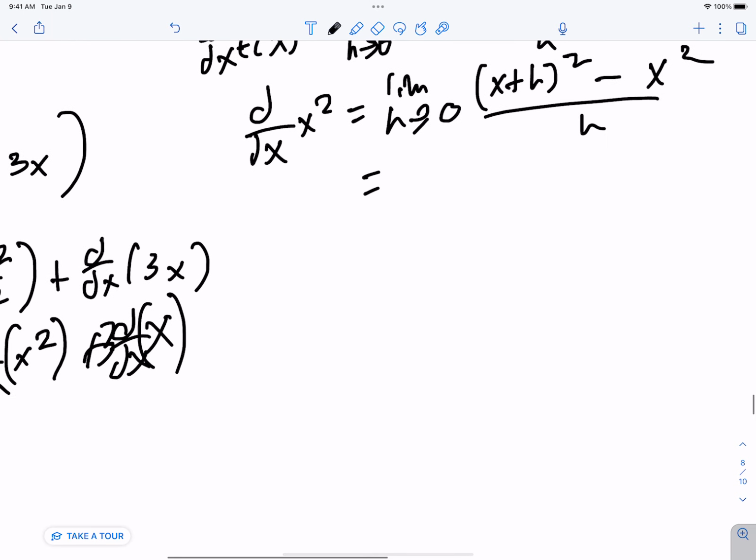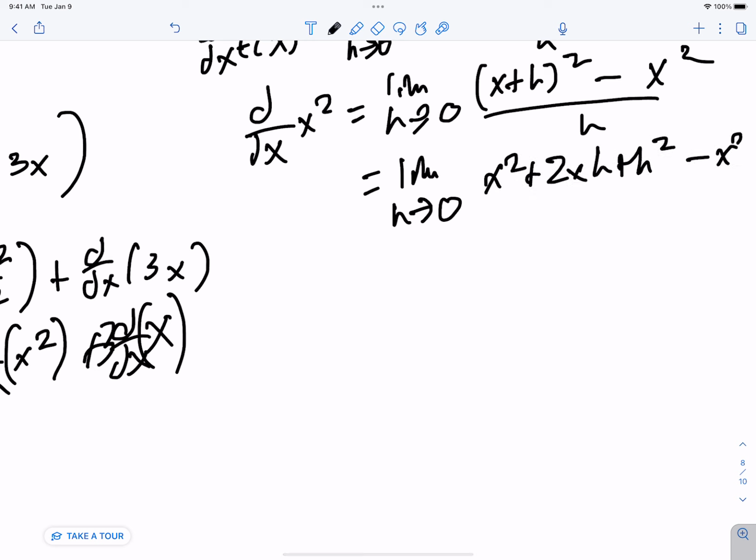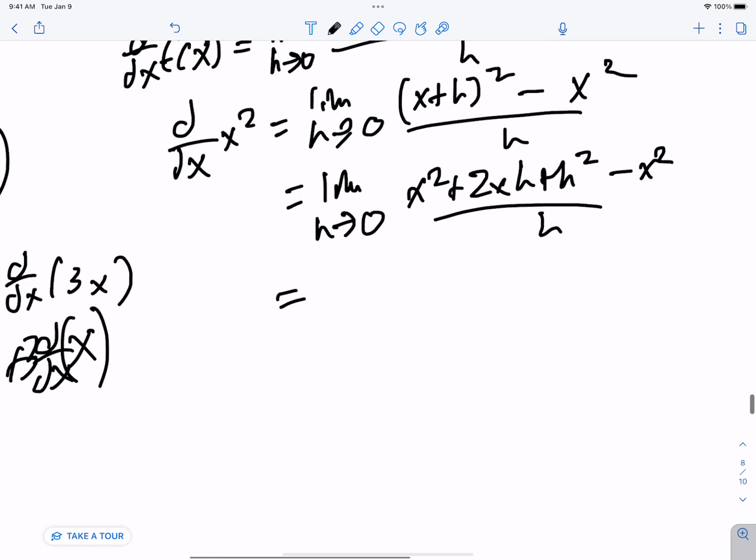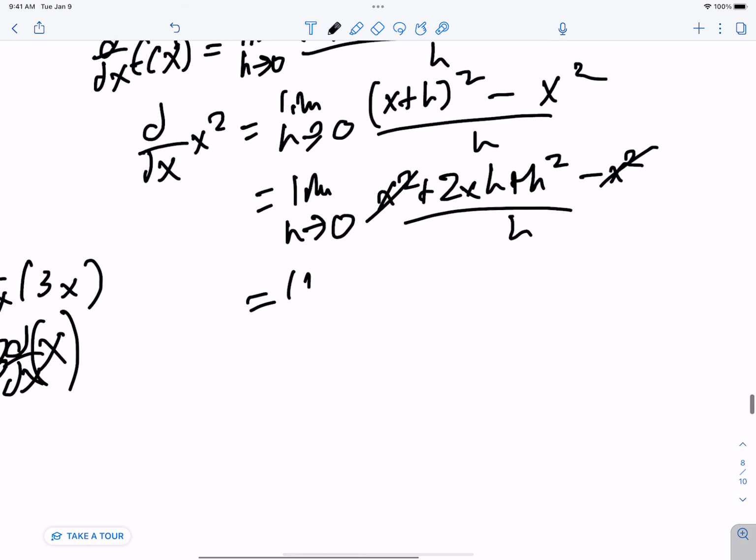So I'm going to just square the term here, so that'll be like a quadratic. And then these x's will just cancel out, leaving this with 2xh, or actually everything over h plus h squared.